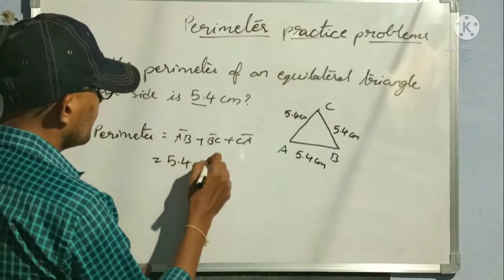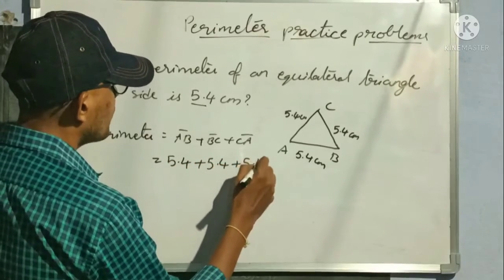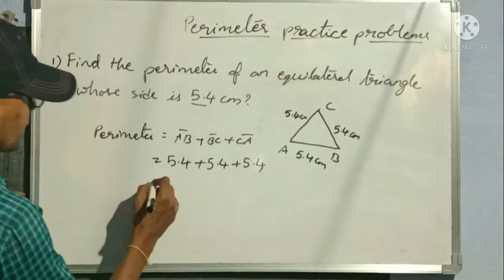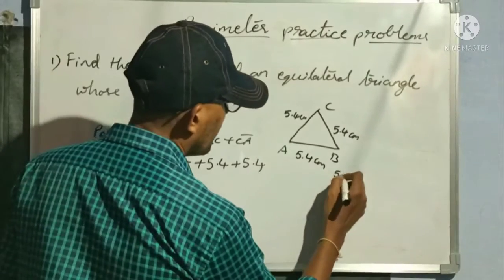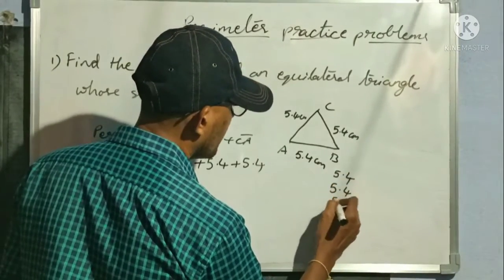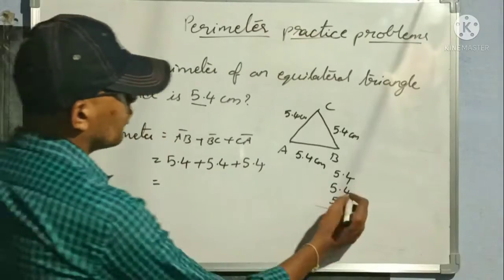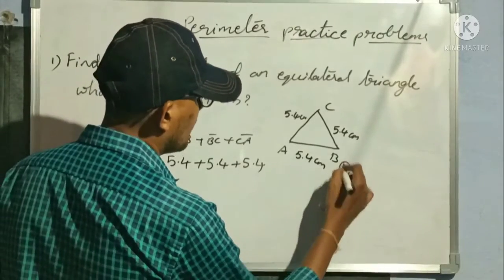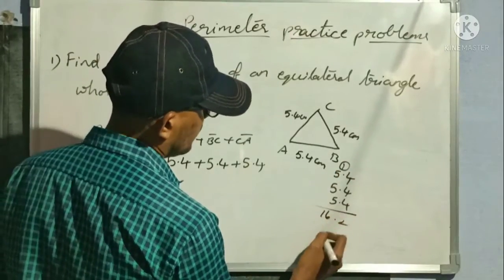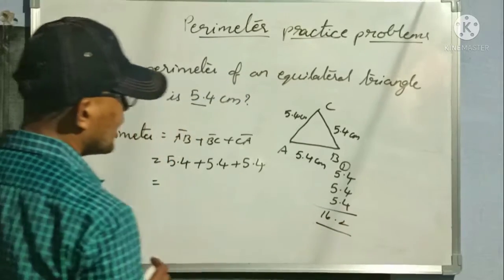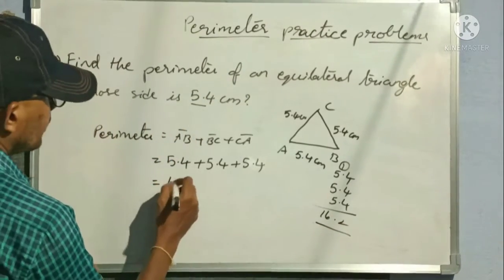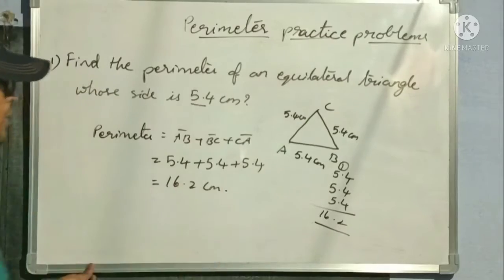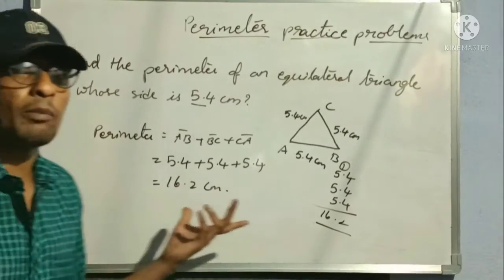So 5.4 plus 5.4 plus 5.4. So add. Very easy. 4, 4, 8, 8 plus 4, 12, 15 plus 1, 16. So what is the answer? 16.2 centimeters. Right?